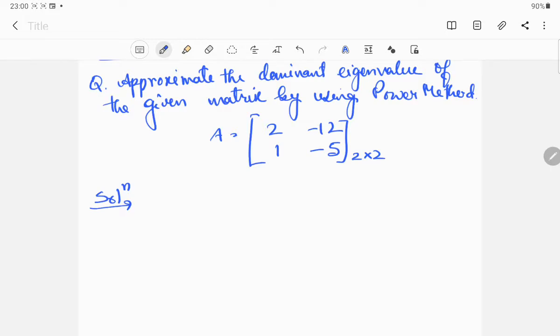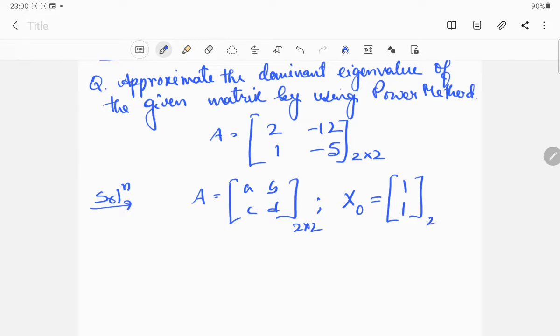So basically, in the power method, what do we have? We have A, the matrix, say a, b, c, d. And another thing we have is capital X, an initial trial. If the matrix is 2 by 2, it will be 2 by 1.